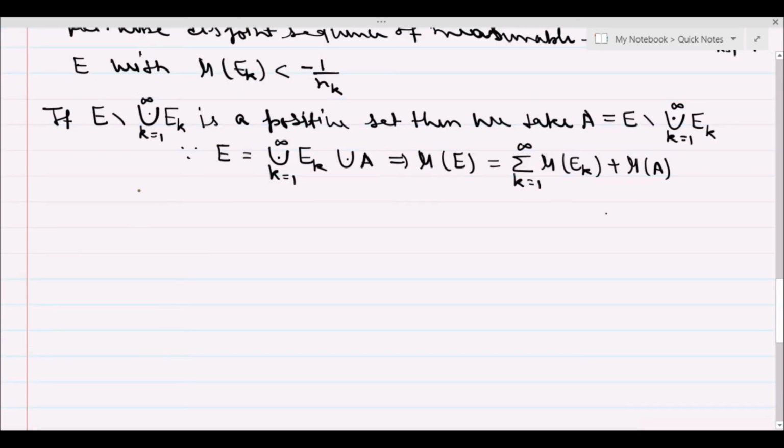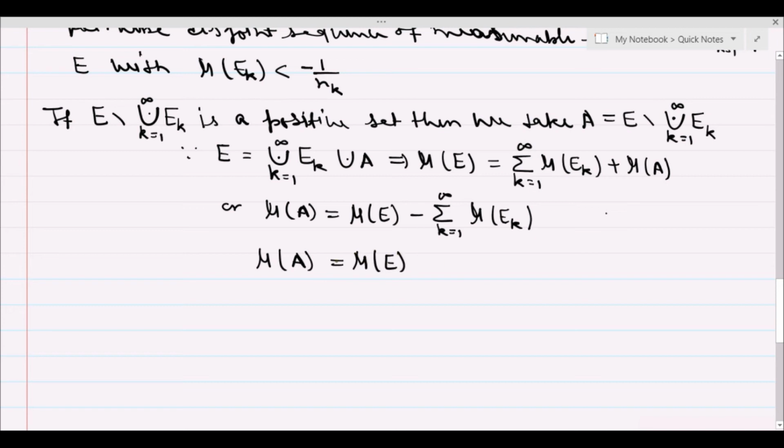So we write mu of A to be mu of E minus summation k is equal to 1 to infinity mu of ek, and this can also be written as, sorry, not equal to, it is greater than: mu of A is greater than mu of E minus summation k is equal to 1 to infinity 1 upon nk. And now we assume this to be our equation star.